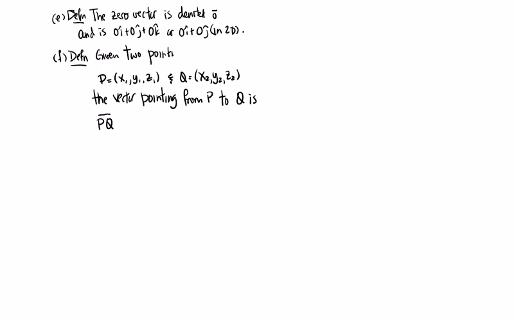You can also do PQ with an arrow over it to say from P to Q. The book tends to use the arrow notation, but you can just do PQ to be unambiguous.